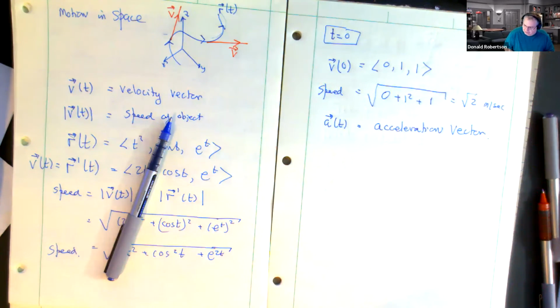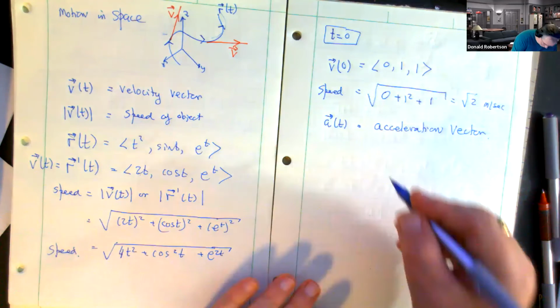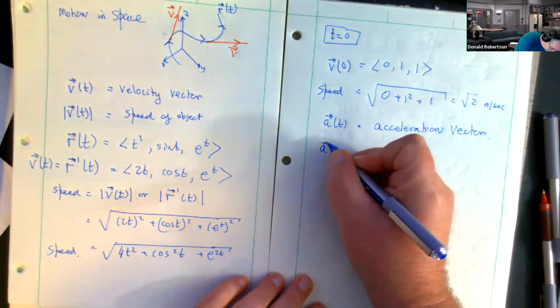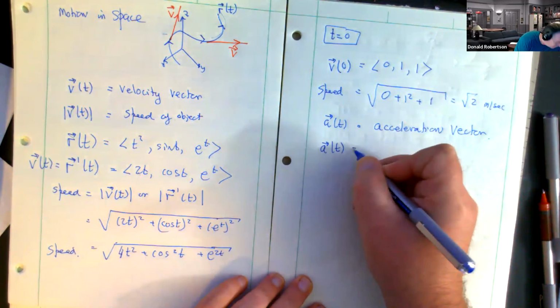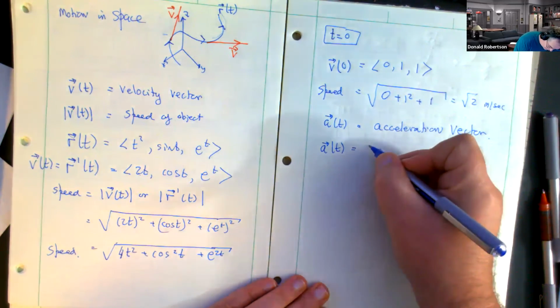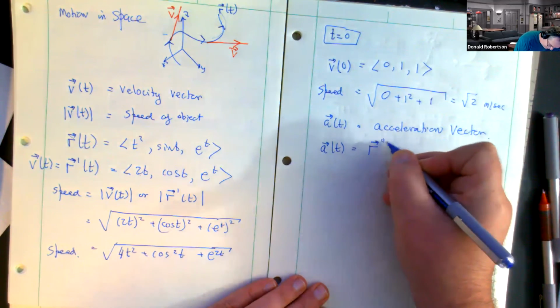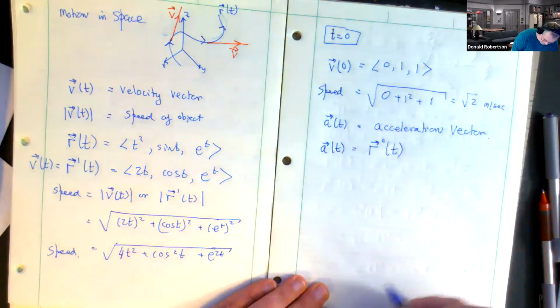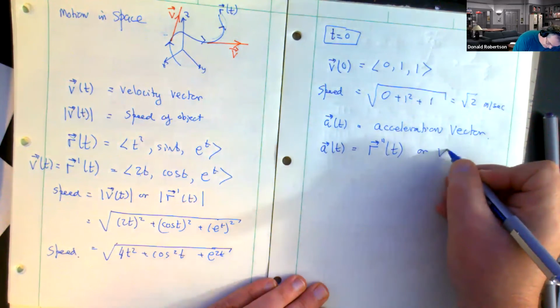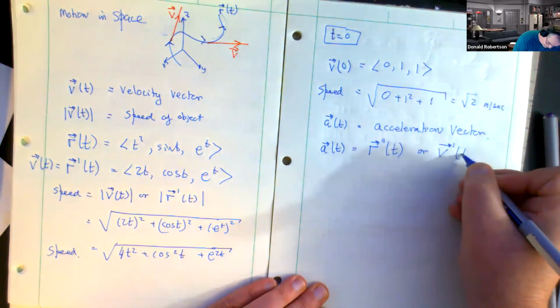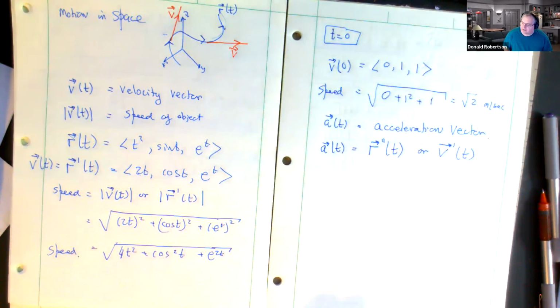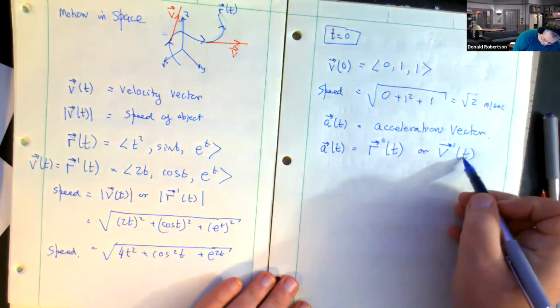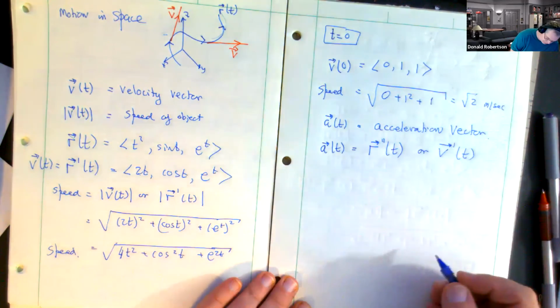Remember, the first derivative is velocity, second derivative is acceleration. And this is also true here. If you want to calculate the acceleration vector, you would find the second derivative of the position vector or the first derivative of the velocity. They are the same thing, right? So the rate of change of velocity is acceleration.